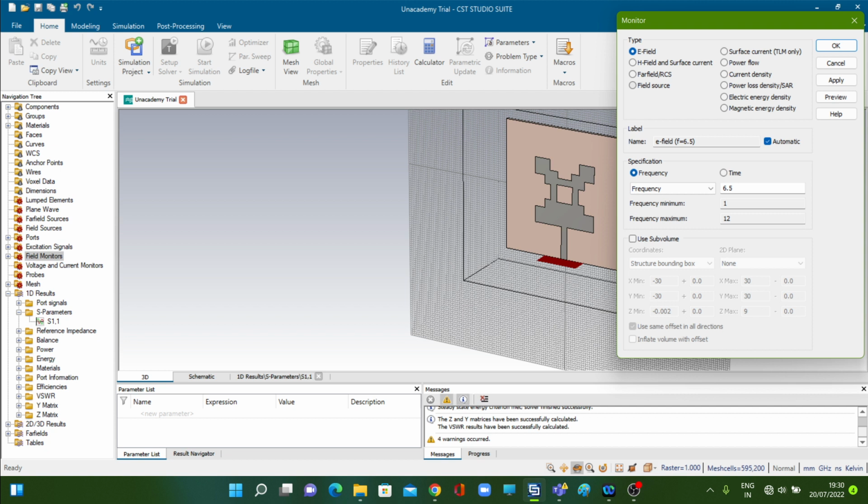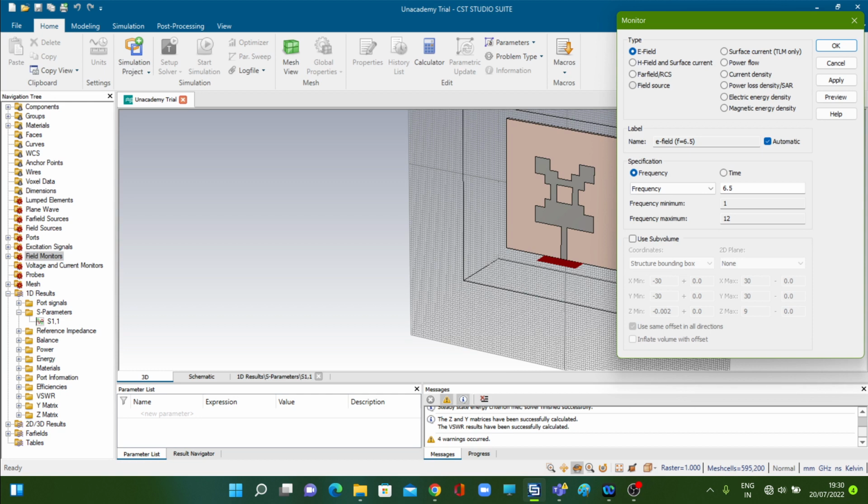In the far field of an antenna, the angular field distribution is basically independent of the distance from the antenna. That means as you go far away from the antenna, if you increase the distance by some amount, the angular field distribution, that means the radiation pattern of the antenna, will not change much. This is a very, very important criterion which needs to be satisfied for designing and analyzing any printed monopole antenna.